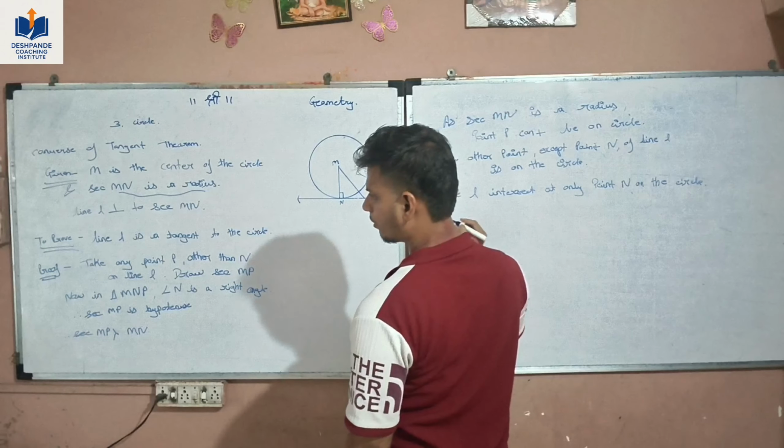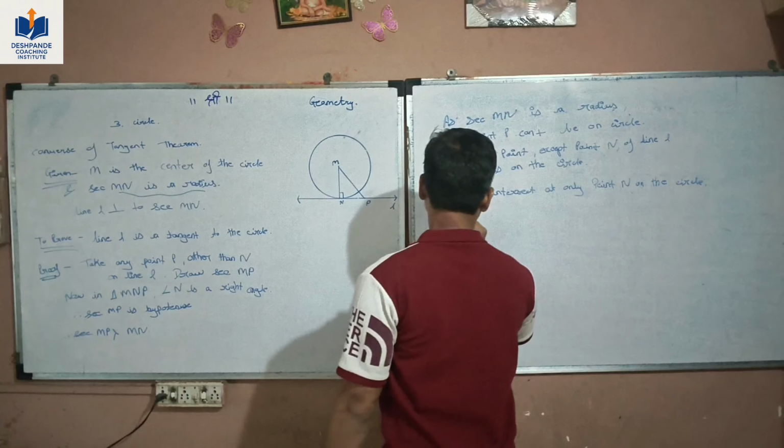So we have proved what we had to prove: line L is a tangent to the circle.